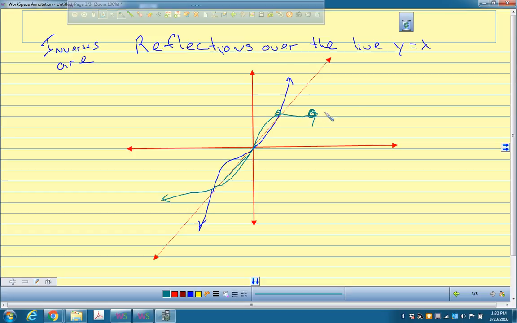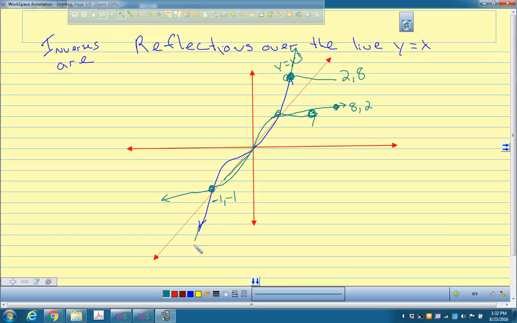But if this is y equals x cubed, and I have on this line the point 2, 8, what has to be on this curve over here? This has to have the point 8, 2. Okay? The x's and the y's switch places. If this has -1, -1, which it does, both of them have -1, -1, right?